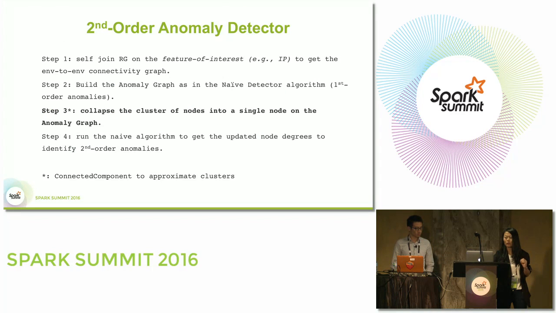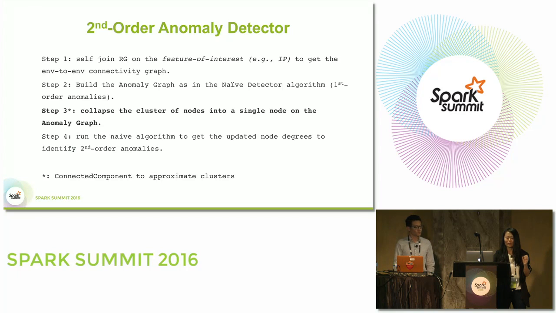So a quick walk-through step by step would be: we derive this higher order connectivity relation given the endpoint to business entity access connection. And we build the anomaly graph as we see in the naive detector.